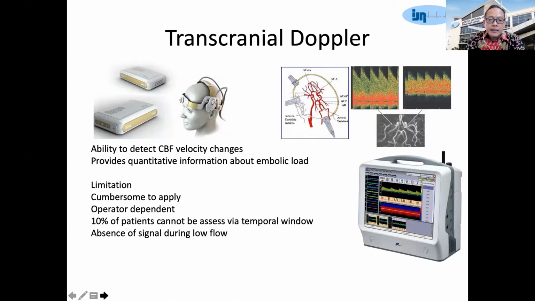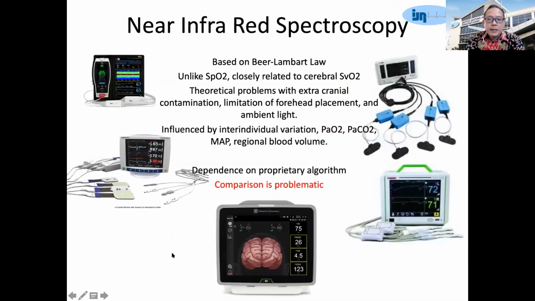I myself have not used the transcranial Doppler in my practice, but the one that is more practical for us to consider is the near infrared spectroscopy. There are various types in the market nowadays. They are all based on the Beer-Lambert law.